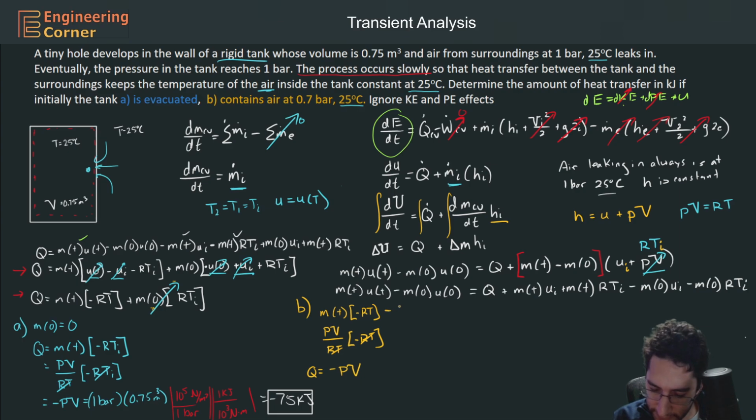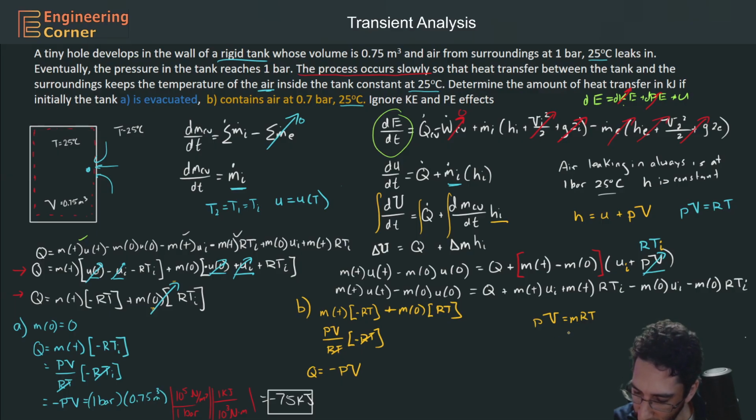And then we have this part of the equation. So plus my initial mass, m0, times, what do we have? We have RT. Well, we're going to use the same relationship. So PV equals mRT. Now instead of at time t, this is my initial.